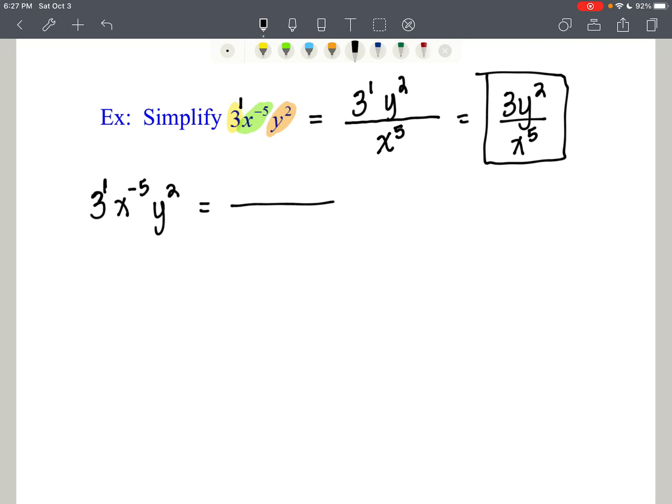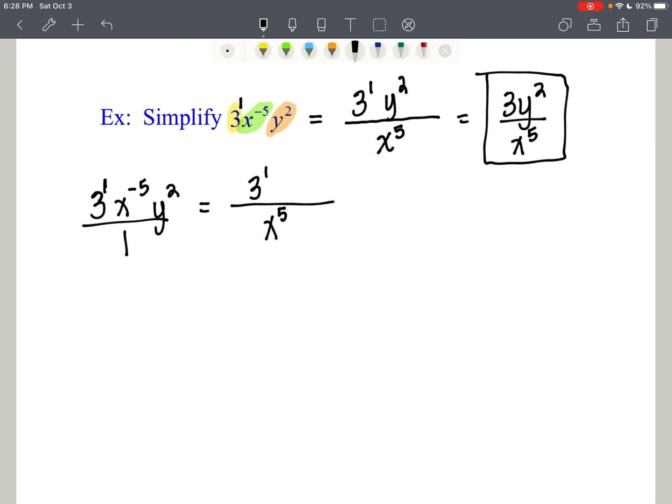Well, the positive exponent stays. Then I'm going to say, does x stay or go? When I say it goes, that means it goes to the other position in the fraction to become a positive exponent. It's in the numerator now, so it's going to move down to the denominator to become a positive exponent.